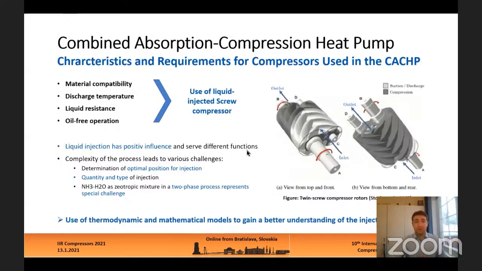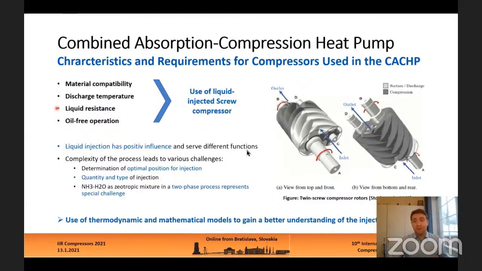Now I want to talk about the characteristics and requirements for compressors used in this heat pump system. We have different requirements stated here. The material needs to be compatible so that we can use it with ammonia. The compressor needs to withstand high discharge temperatures so that it can be used in high temperature heat pump applications.